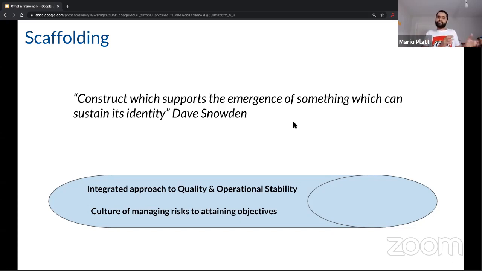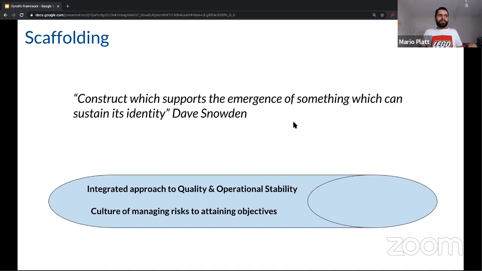So let's not just think about ourselves and our immediate needs or security things, but if we can frame security as addressing the other stakeholders' problems, and we can help them create the scaffolding to do better quality, to have better operational stability, or to help the organization better manage risks against attaining objectives, then we not only build allies because we're helping them build the scaffolding that they need for their own objectives, but we also make the job of security easier because we can leverage that scaffolding to build the security processes from within, right?